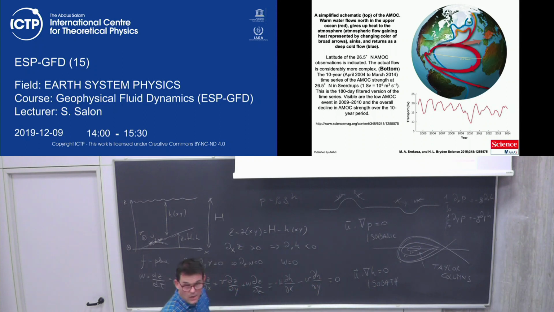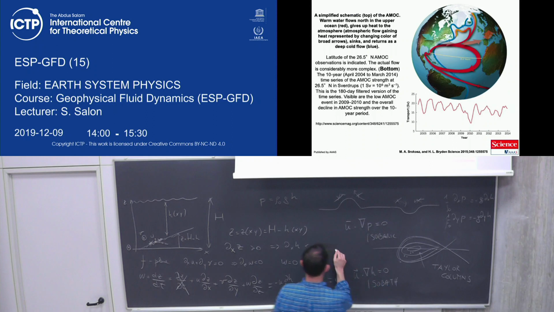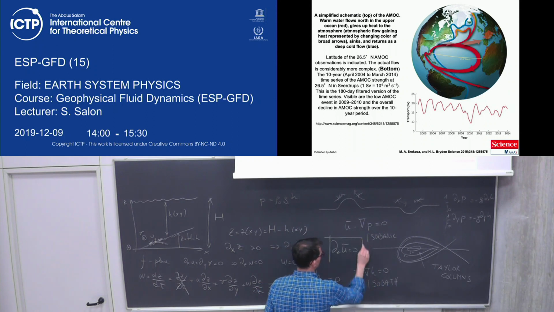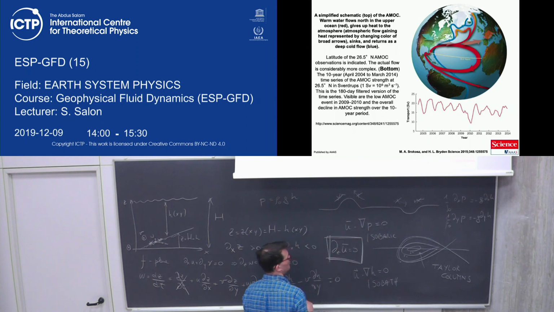Okay? Because of the vertical rigidity of the Taylor-Proudman theorem. Okay? So we cannot change the horizontal velocity in the vertical.